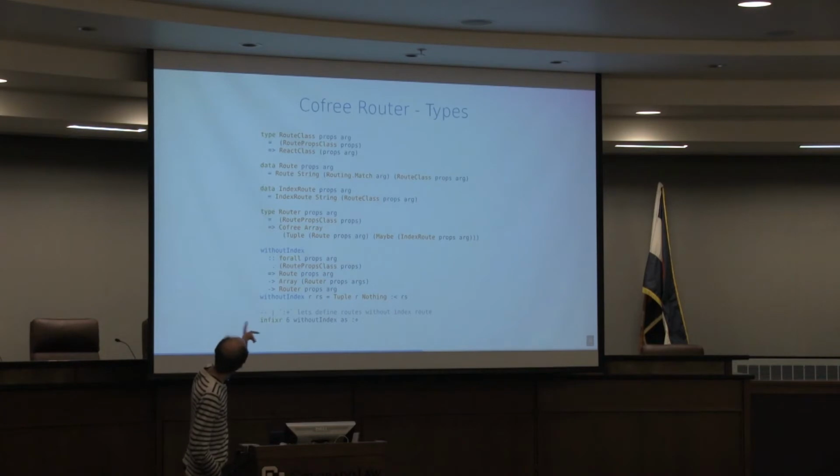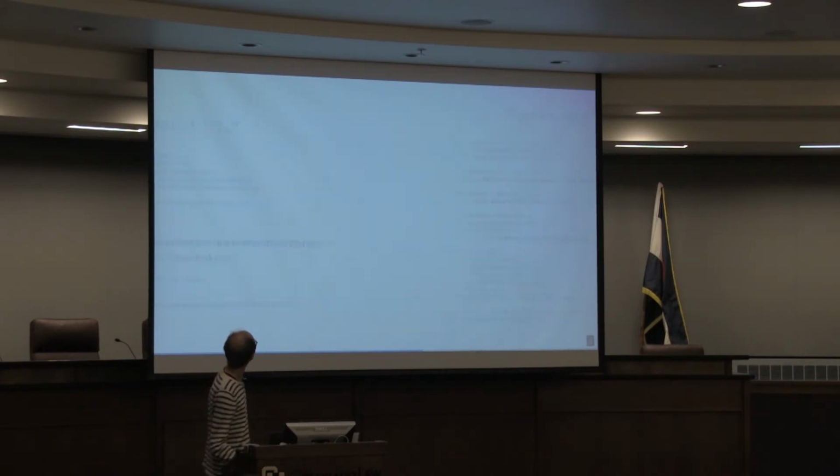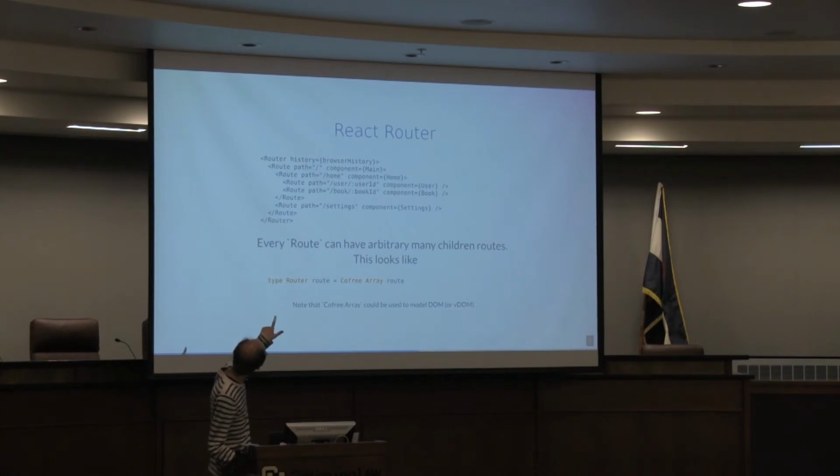There is a route props class which just says how to build the properties for a given argument, because for every path we will use, in this library I use the PureScript router library for parsing the URL, and it's a really nice applicative parser.